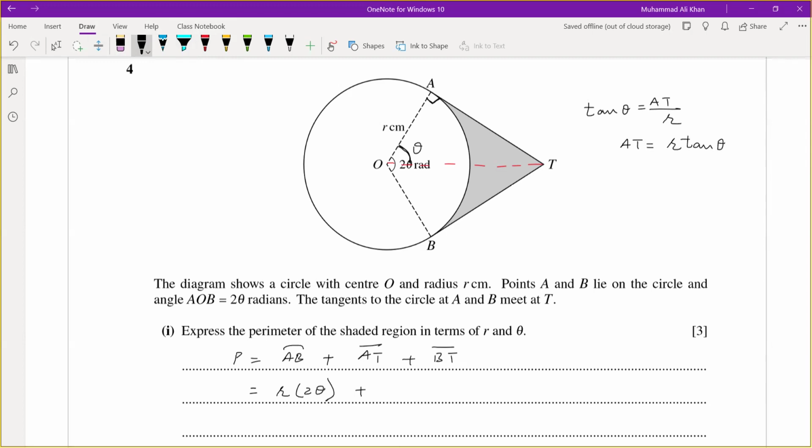And if AT is r tan theta, then BT is also r tan theta. So it means it is 2 r tan theta. So 2 are common. The result is theta plus tan theta. This is the result of the first part, perimeter of the shaded region.